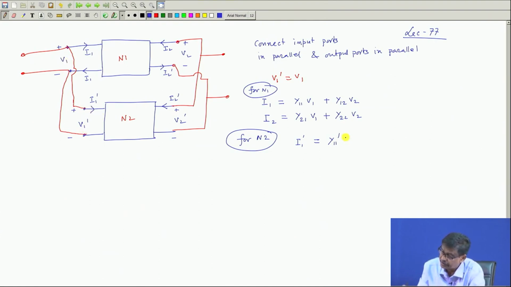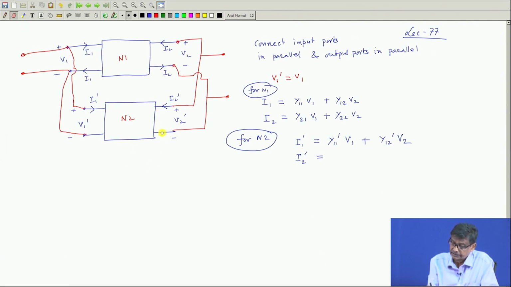So, I am straight away writing this as V1 instead of skipping a step, plus y12 dashed into V2 dashed, but V2 dashed and V2 are the same. So, I am writing it as V2 like this. Similarly, I2 dashed. I am sorry, here I have written I2, this is I2 dashed.